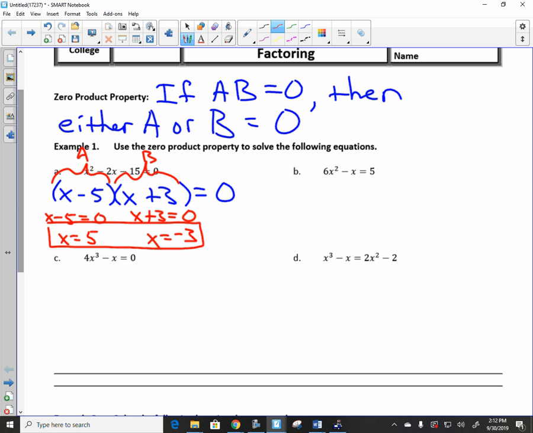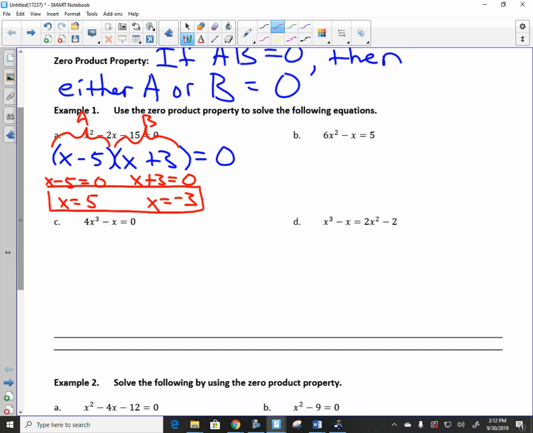What's different about the second example, letter B? There's a 5, so you have to make it equal to 0. 6x squared minus x minus 5 equals 0. That's an absolute must. We're only covering the 0 product property. There's nothing called the 5 product property. It's 0 product property. I'm pretty good at guess and check here. I'm going 6x and x. I'm going for it.